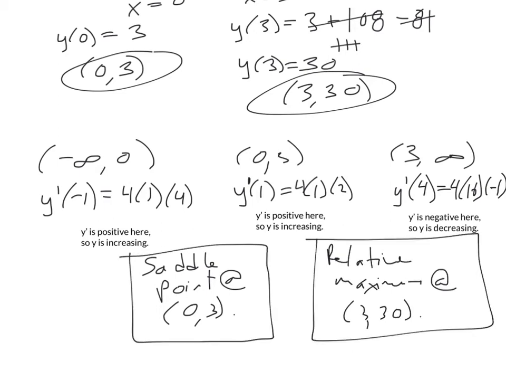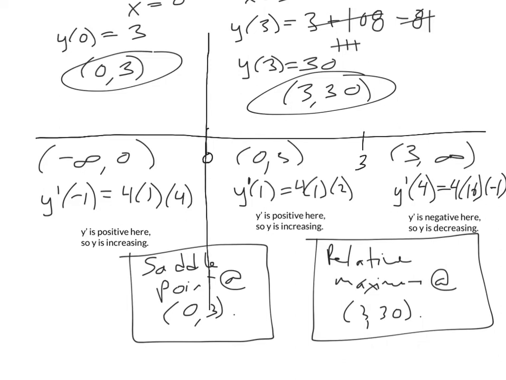I mean, they asked us to find and classify the stationary points, and we've done that. You notice that I was doing this with the laser pointers as we were going along. I think one of the neat things is after you've done a diagram like this, you can almost start to get a sense of what this function's going to look like, right? Because we set up these intervals to be like a number line, like this is where 0 is on the number line and this is where 3 is. That means this is kind of where your y-axis goes, right?